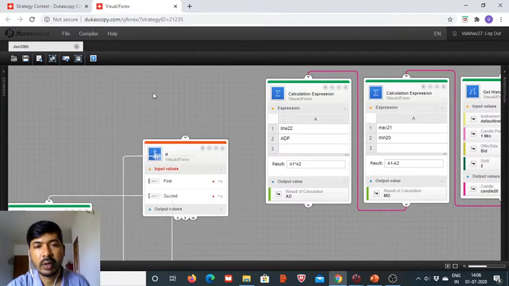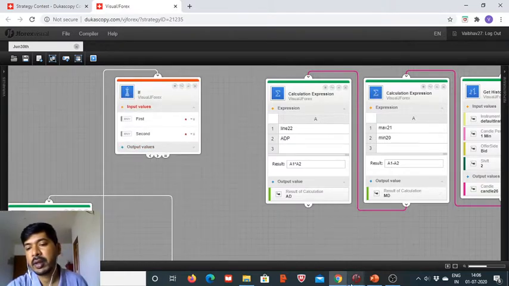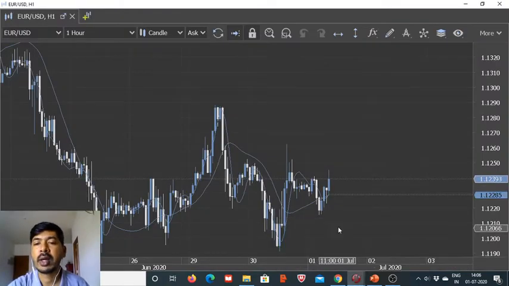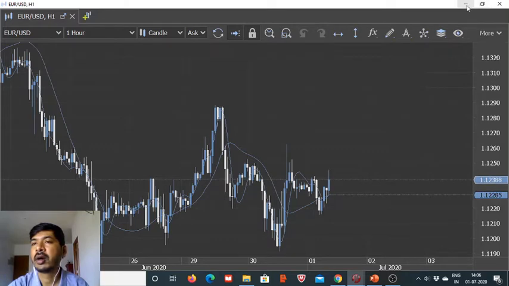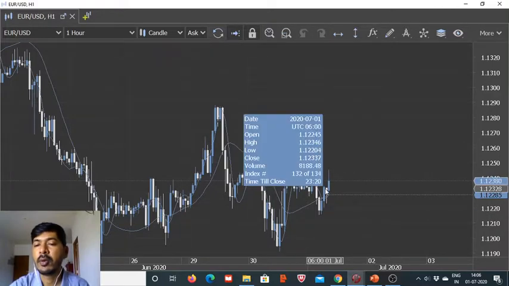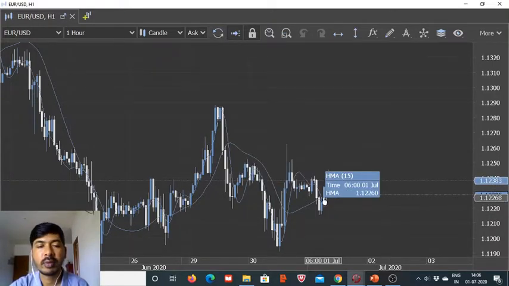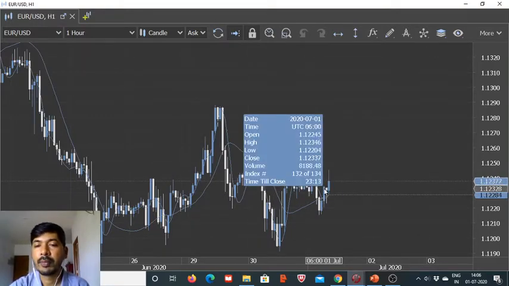We also want, when the buy trade is going to happen, the last 3 hours minimum value to be below the HMA 50, and also the last hour's candle close, which we have already defined, should be above the HMA 50. So the minimum level needs to be below 50 while the closing level needs to be above 50.